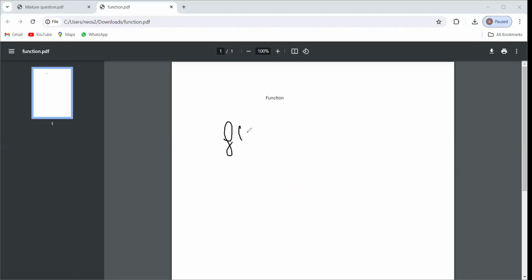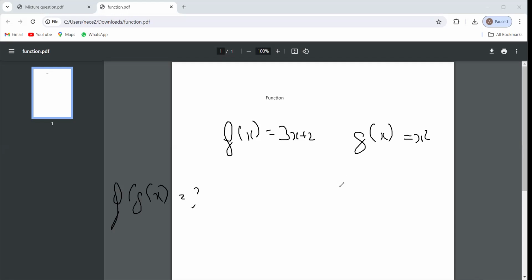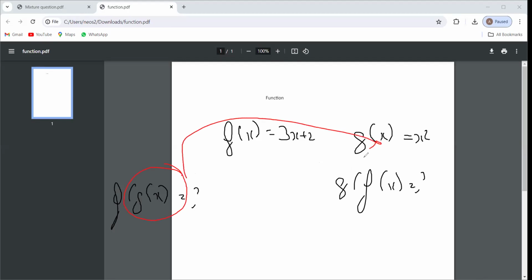Now watch. f of x is 3x plus 2, and g of x is x square. Now, instead of x, what you are substituting? g of x, so instead of x, square.